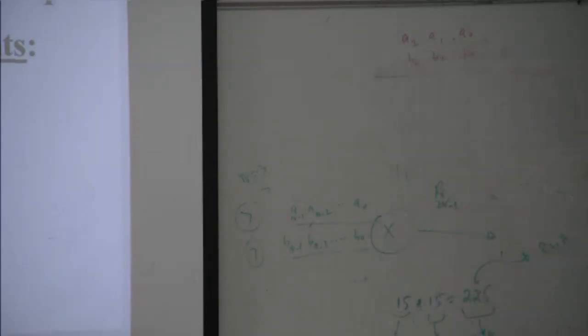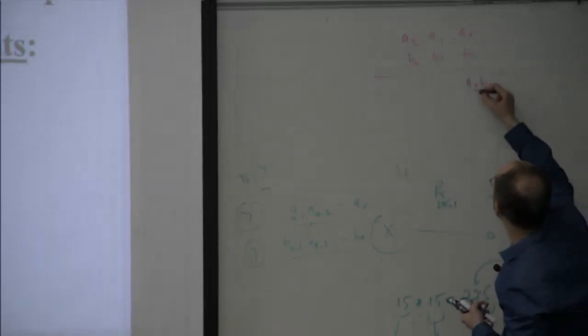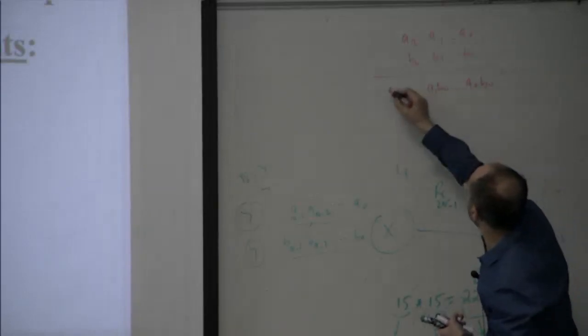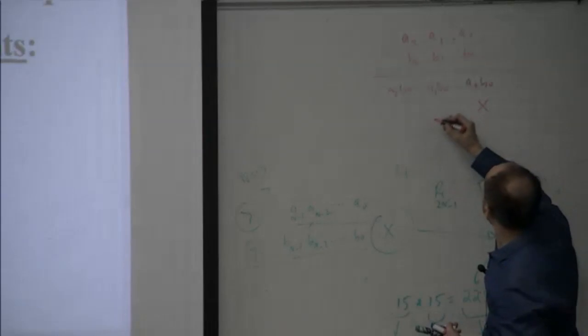What is the size of n? 3. So can we say a0b0, a1b0, a2b0, then we make a cross? How do we calculate it?